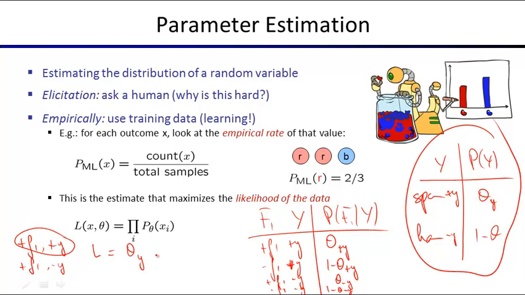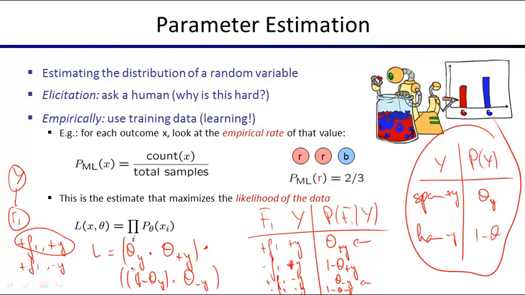Theta y times the probability of f1, we assume the model looks like this, y f1, times the probability of f1 being plus f1 given plus y, which is this one over here. So theta plus y. That's the first one. Multiply with the probability of the second one, which is 1 minus theta y times, we have plus f1 given minus y, which is this one here, which would be theta minus y.